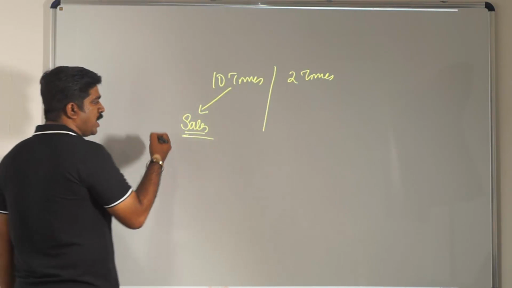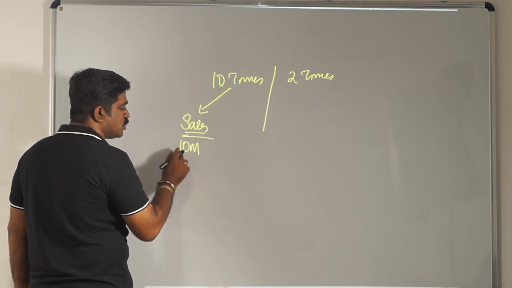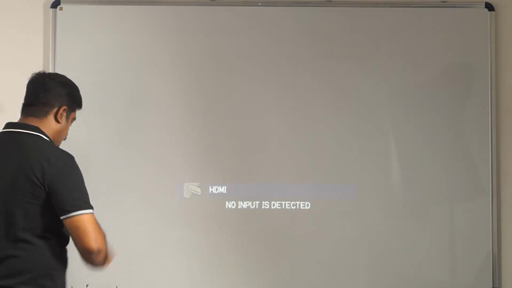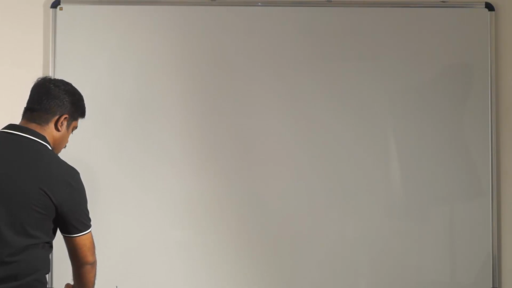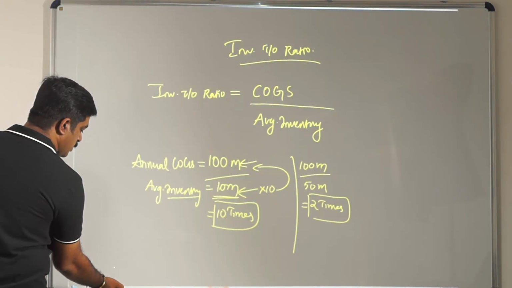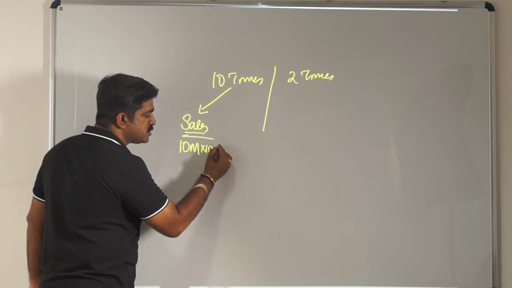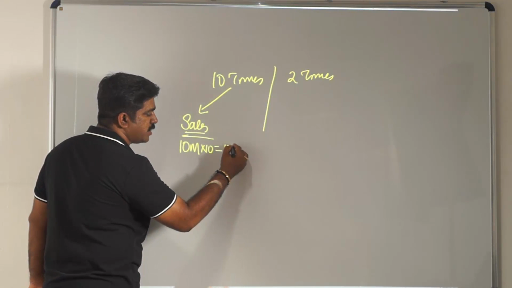Every time I am making sales of goods worth 10 million. So 10 million into 10 times is the cost of goods sold, that is 100 million.